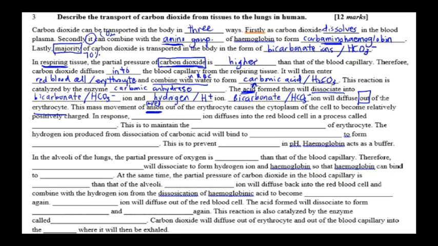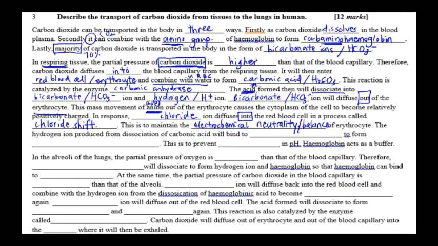And that's why we will have the chloride ion to diffuse into the red blood cell. This is a process that we call the chloride shift. And what is the importance of doing chloride shift? It is to maintain the electrochemical neutrality, or we say the electrochemical balance of erythrocyte.